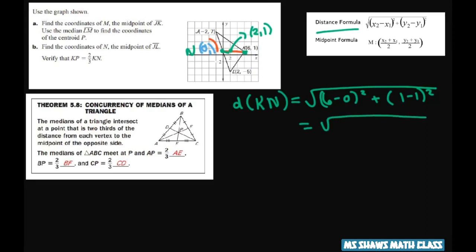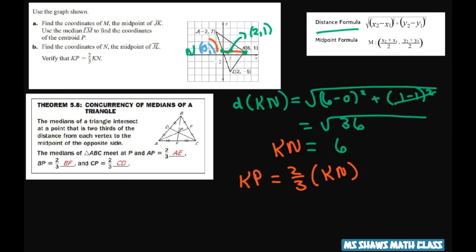So that's just going to be 0. So you get 6 minus 0 squared, this is just going to be 36, which is 6. So now we know that KN equals 6. So I want to verify that KP is 2/3 of KN.